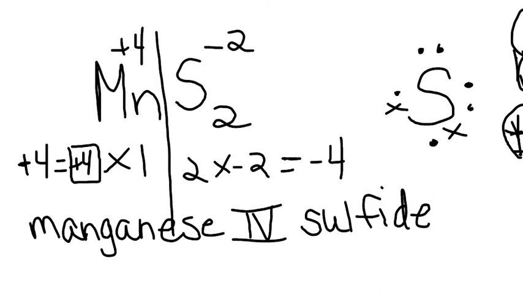Seems like a lot of work, but you've got to practice it and make sure that you've got all the steps down. So I'm going to give you another example, and this time I'm going to throw in a polyatomic ion.